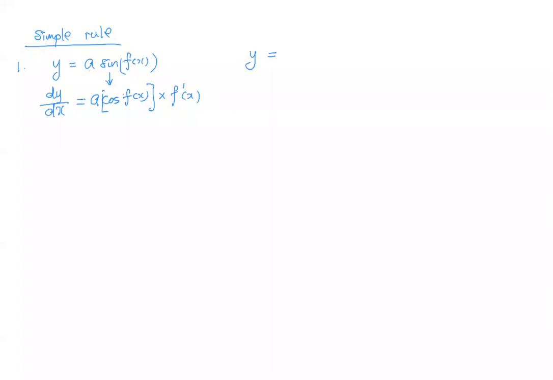Now if I give you y equal to 2 sin (x squared minus x), how are you going to differentiate? What should I change the sin to? Cos. Good. Then I copy down the angle.